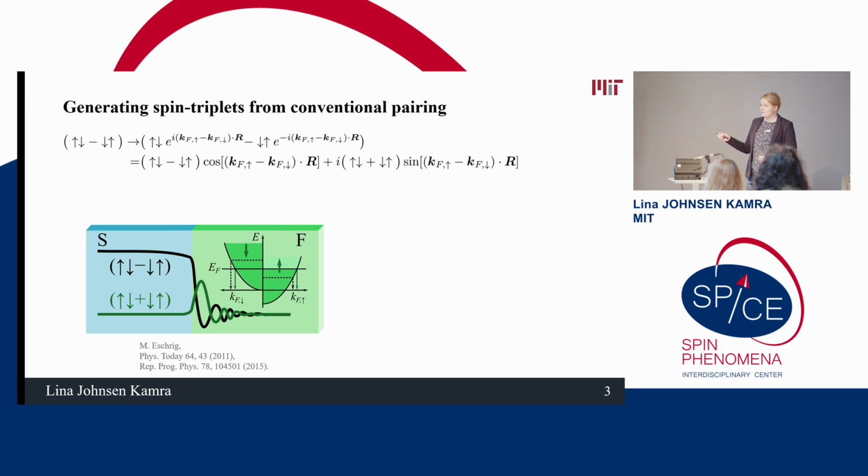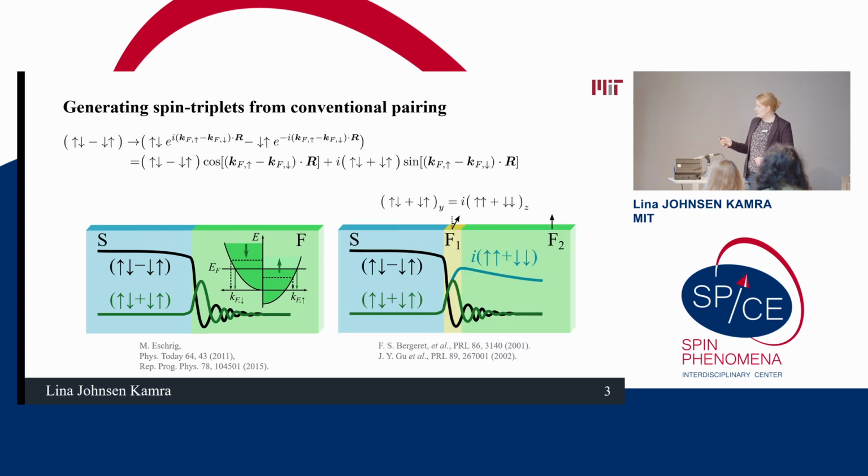Now, these opposite spin triplets still have opposite spin with respect to the magnetization of the ferromagnet, so the solution is to add a thin ferromagnetic interlayer where this first ferromagnet has a perpendicular magnetization to the second one. Then the opposite spin triplets created here look like equal spin triplets to the second ferromagnet and can penetrate far inside it.